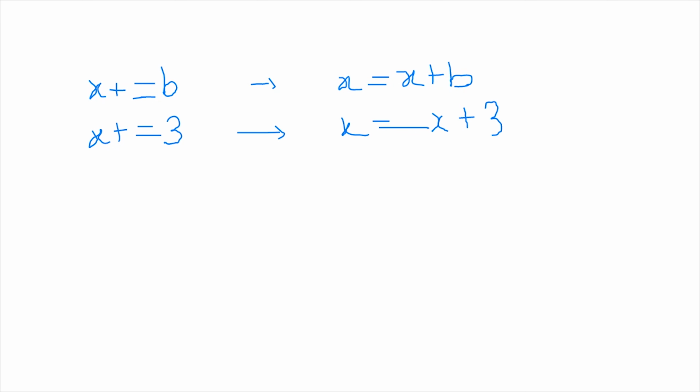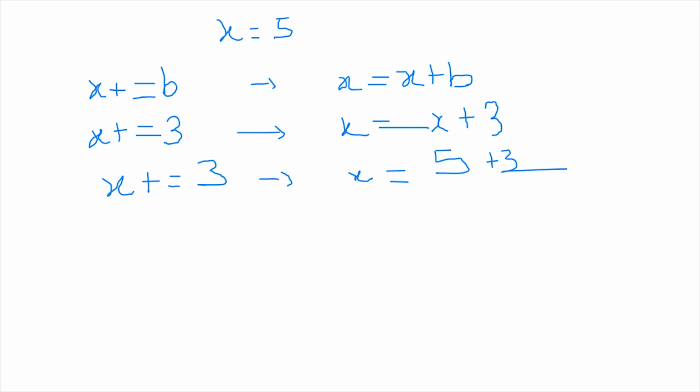So if x has been previously defined to be 5 in this case, we expect x plus equals 3 to be evaluated as x is equal to 5 plus 3, updating the value to be 8.